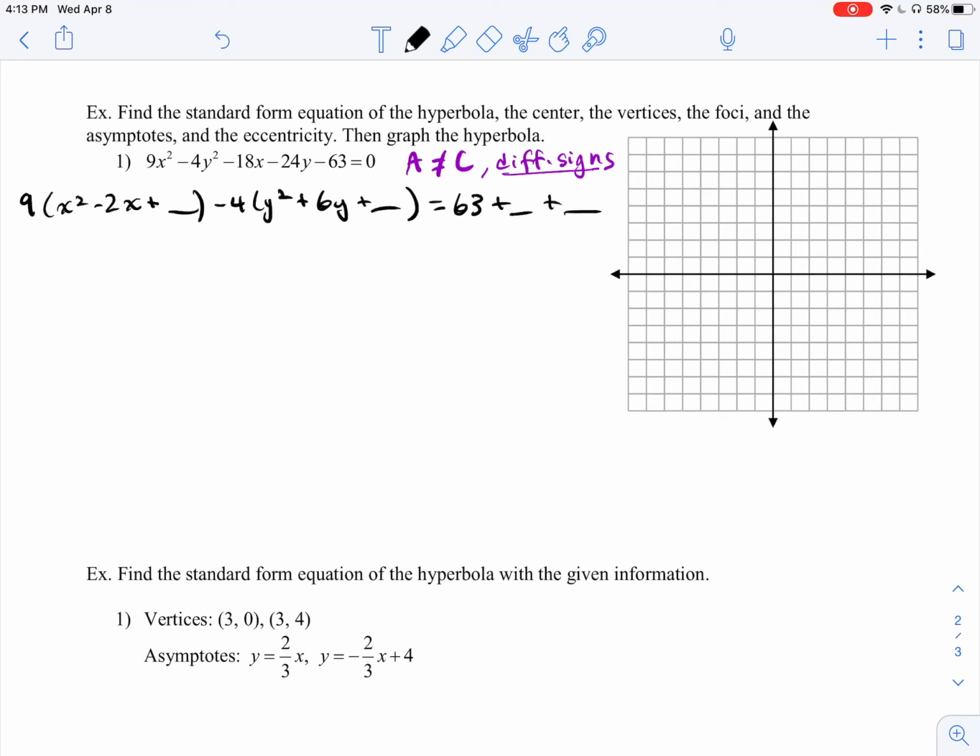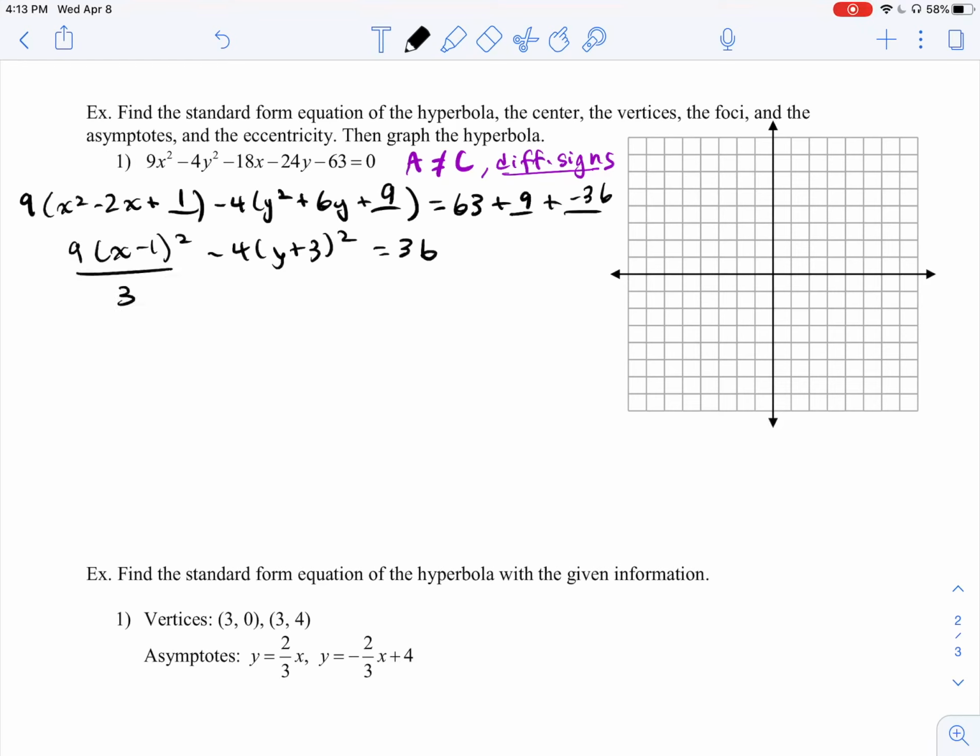So let's complete the square. Inside the first polynomial, we're going to go ahead and add 1. That means we're actually adding 9 to this side. And in the second polynomial, I'm going to add 9, which actually means we're subtracting 36 from both sides. So we've got to be really careful with those signs there. And let's clean that up. We've got 9 times (x minus 1) squared minus 4 times (y plus 3) squared is equal to, doing some quick arithmetic, 36.